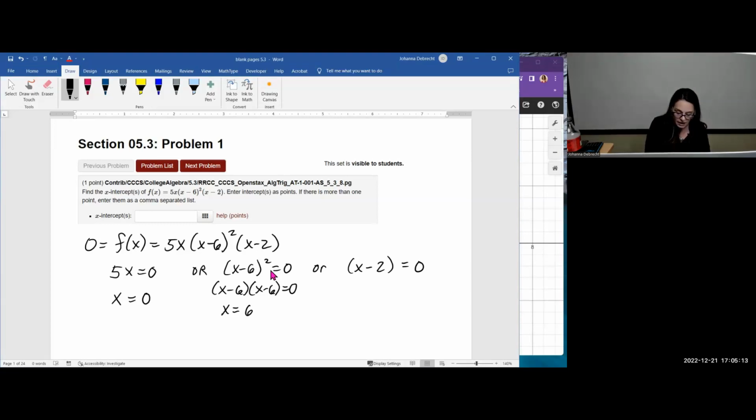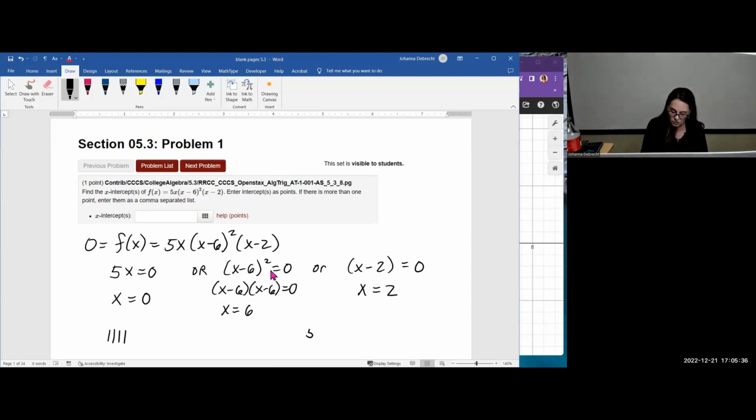So keeping track, I've got 1 time I got the solution x equals 0, 2 times I got the solution x equals 6, and over here, I've got the solution that x equals 2, and that gives me 4. Now, I need to make sure, of course, that I've got all of them, so I check the degree of the polynomial.